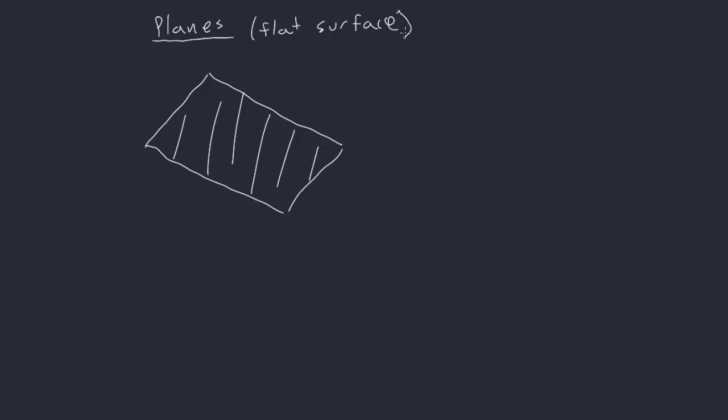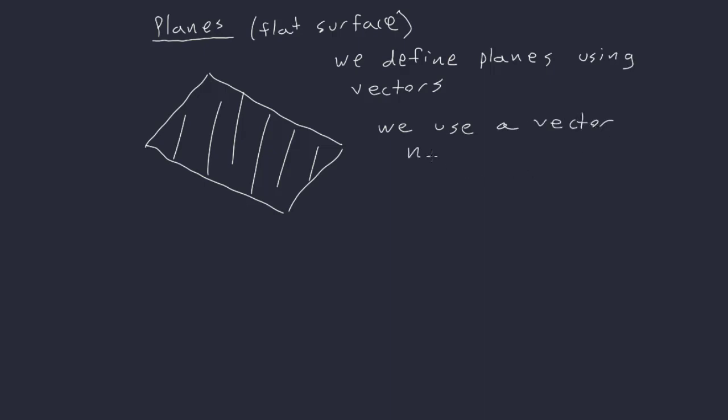Okay, now that we have vectors, we're actually going to define planes using vectors. Well, how do we do that? We use a vector normal to the plane. Well, what does that mean?